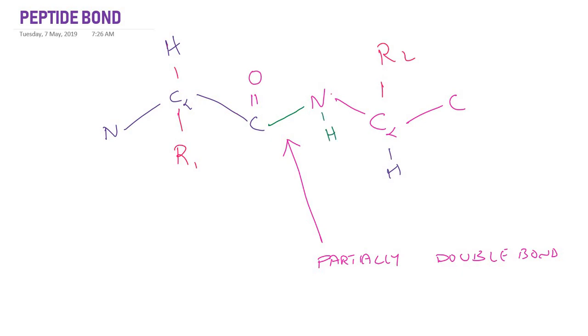Even though there is little rotation between this C and N because of the partial double bond, there is free rotation around this C alpha and C, and N and C alpha. Because of this true single bond between C alpha and C, and between N and alpha carbon, there is a rotation. This is called the angle of rotation. This angle of rotation is called Ramachandran angles.